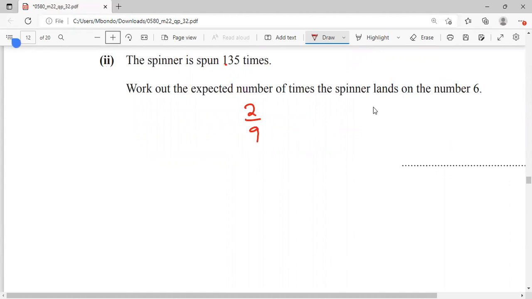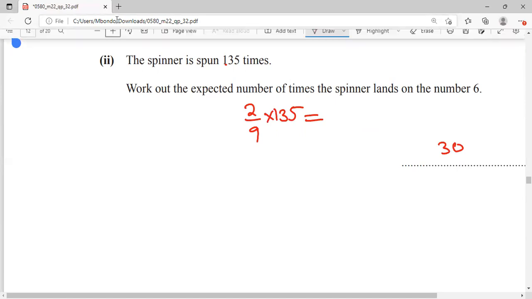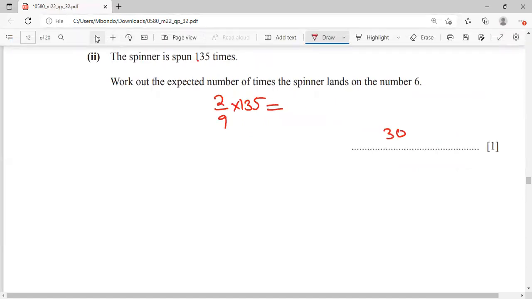And how many times is it spun? That is what we're supposed to do. So we can work that out and see what we get. This is going to give us 30. That is what we're going to get there.